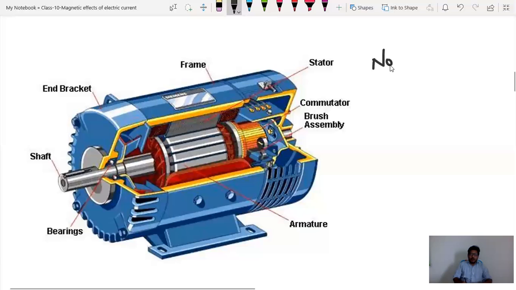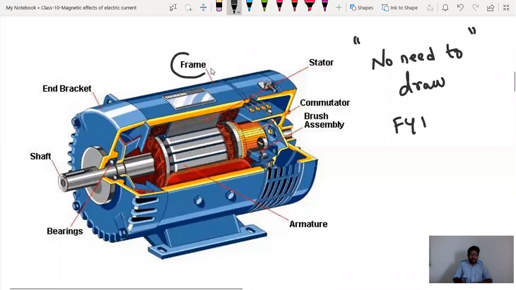Here no need to draw this diagram. This is just for your information. No need to draw it in your books. So this is the outer frame, the outer part, and no need to remember the end brackets. And you see the word given, shaft.